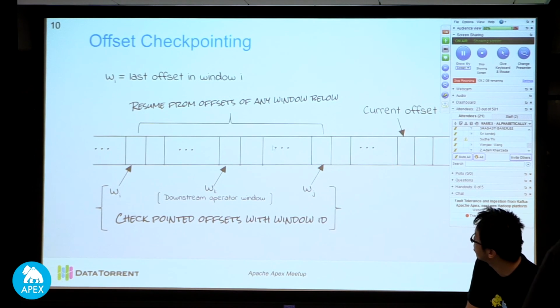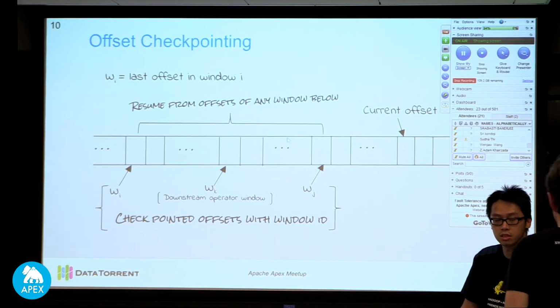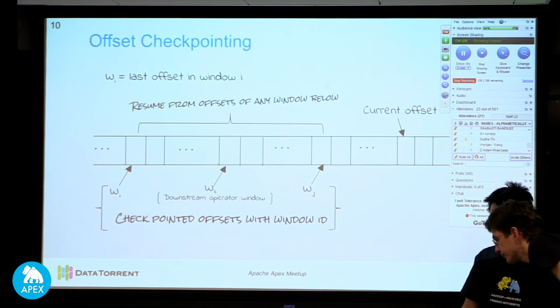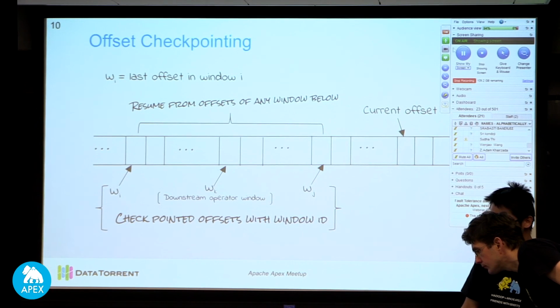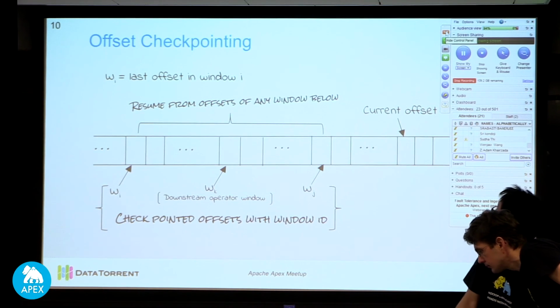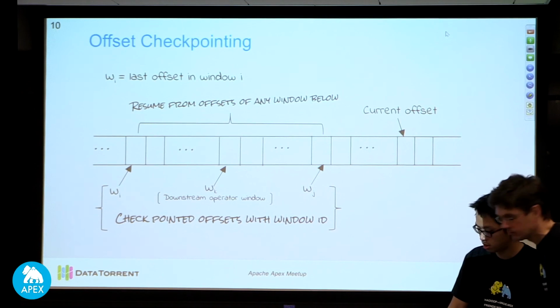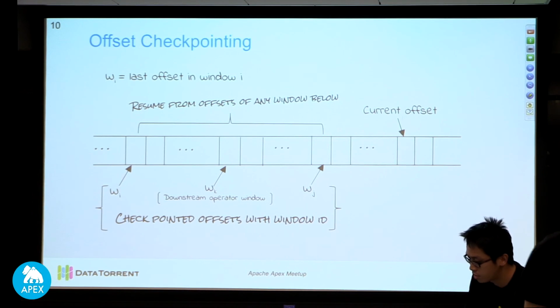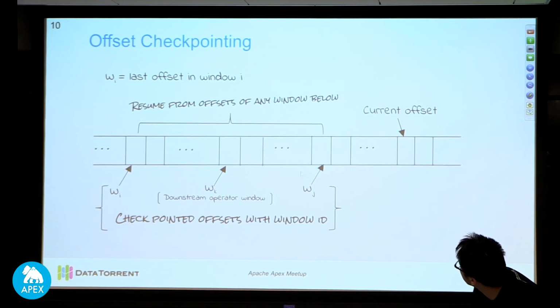When this input operator instance goes down and Apex brings it back again, it definitely doesn't want to continue consuming from this position, because the downstream operator only processed till this position. So from here to here would be lost.